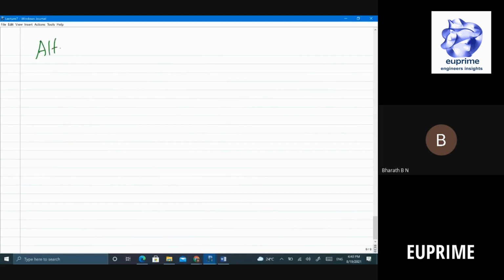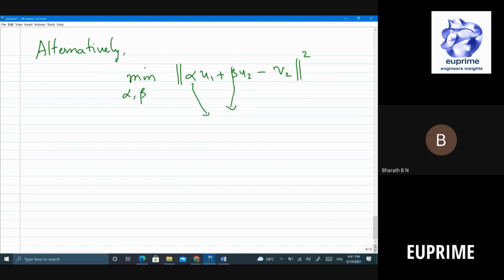Alternatively, I want to minimize the distance between alpha u1 plus beta u2 and v3, over alpha and beta. It leads to an optimization problem, right? Do you agree? So already we have an optimization problem here. Now, if you solve this, you will get alpha and beta.